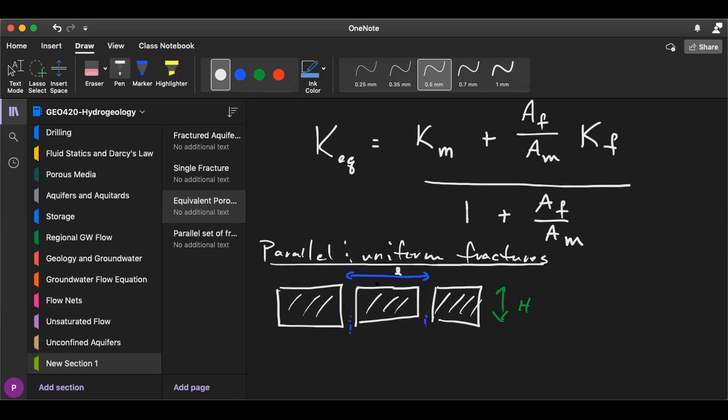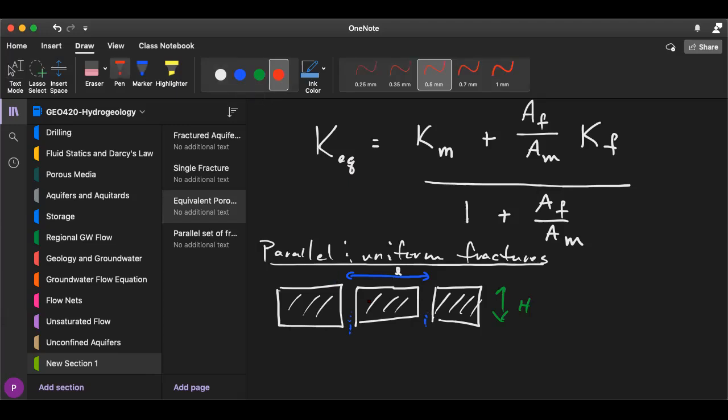So let's think about the area. This is a unit cell. If we characterize this, we're characterizing the ratio of the area of fracture to the area of matrix for all of our fractures, because they're uniform and parallel.